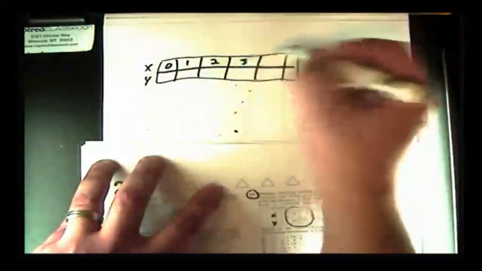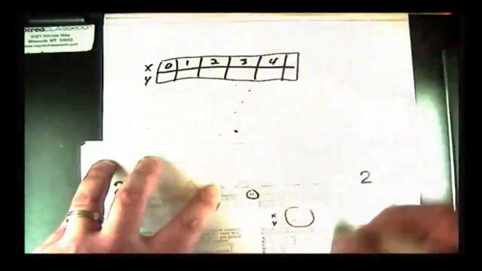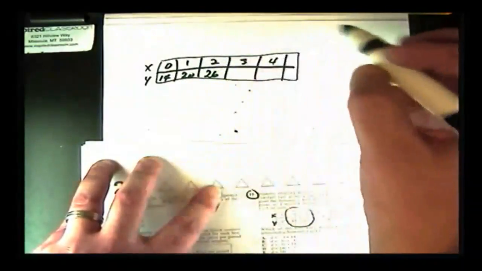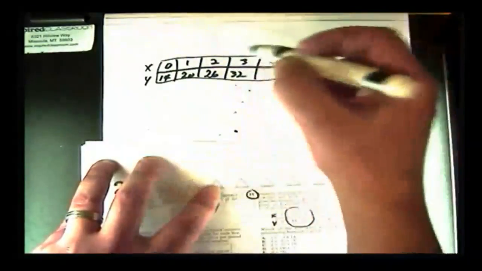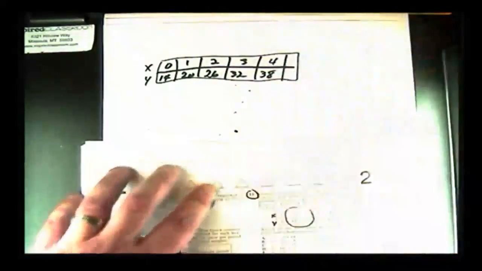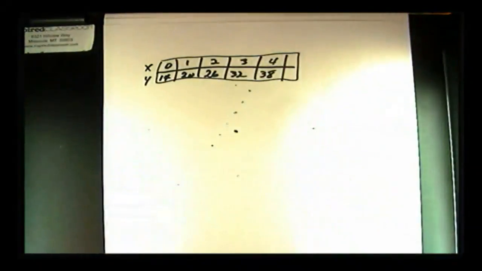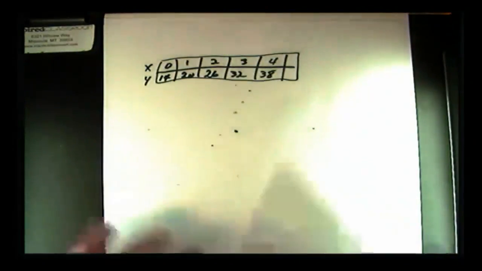X is 0, 1, 2, 3, 4, and the values that went with it were 14, 20, 26, 32, 38. I didn't copy the whole table, but it's not necessary, and I will show you why in a moment.